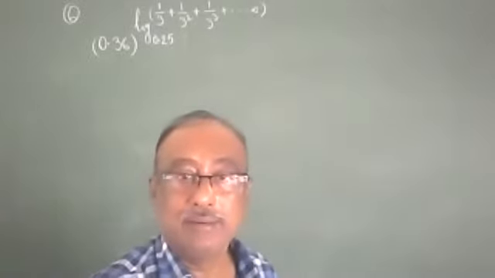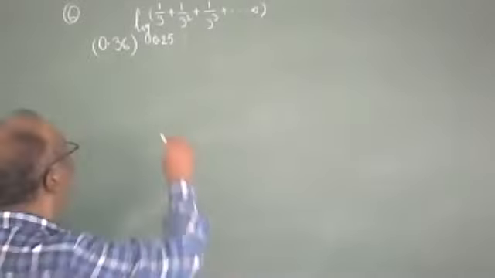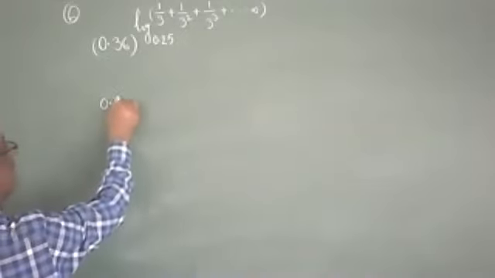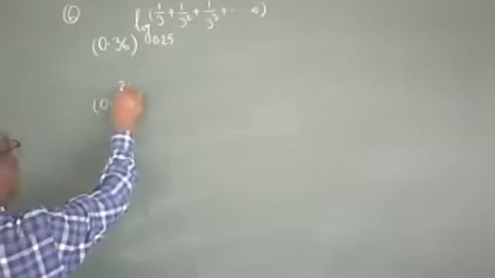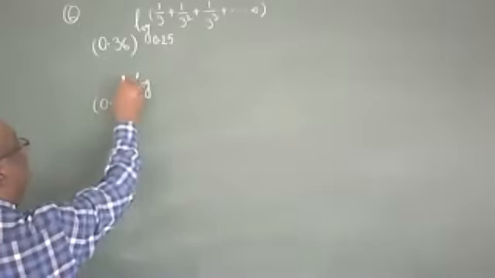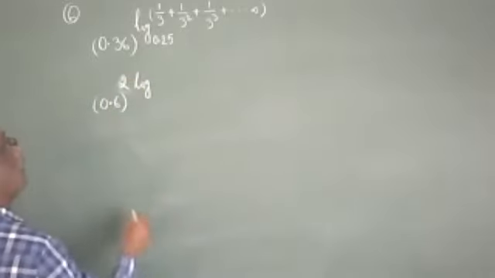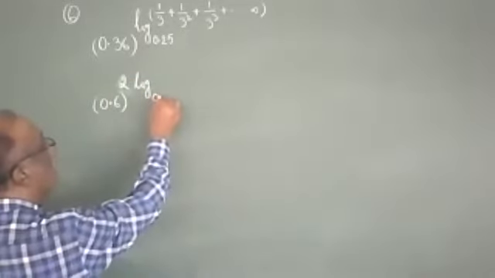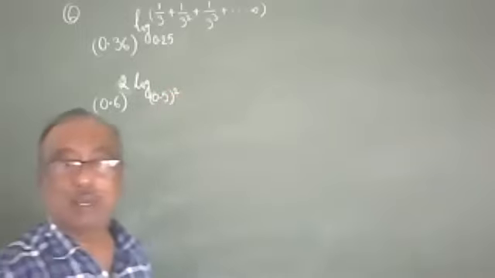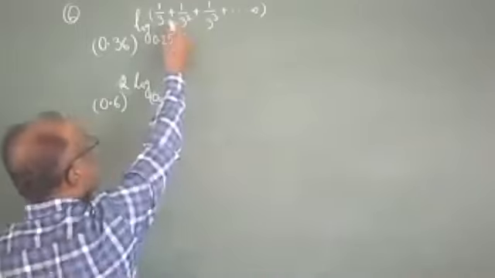Everyone see, this problem is, first I go through the 0.6 whole square, this is the whole square into log of 0.5 square, 0.5 square.